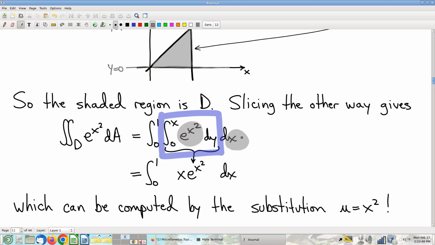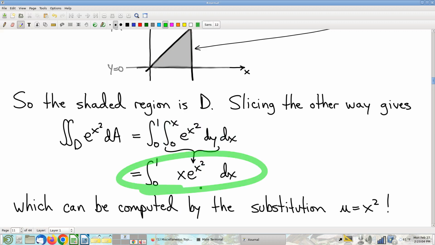Plug in the bounds, subtract, and this integral turns out to be nothing more than that. No problem. Everybody happy? And having done the inside integral, this outside integral is an easy substitution, and it's all over with shouting.